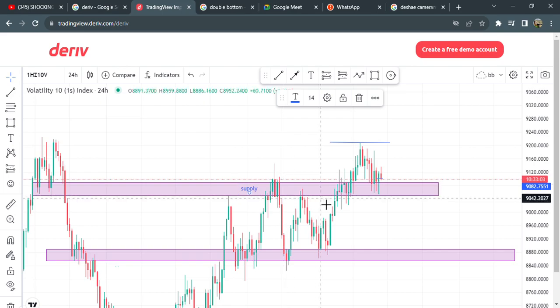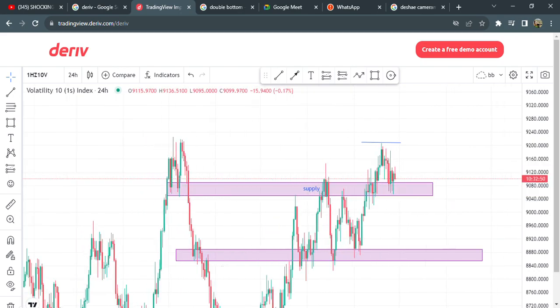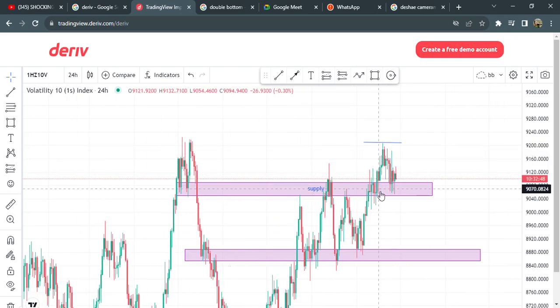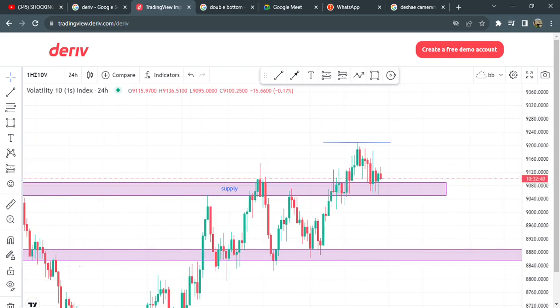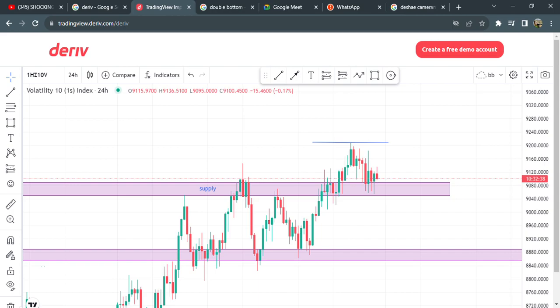When you look here, this is the resistance, but when you look at this one here, it is acting as support on the other side. It is forming like an M here. Here it is a resistance, here it will act as support. That's why I'm also convinced it's going to buy.